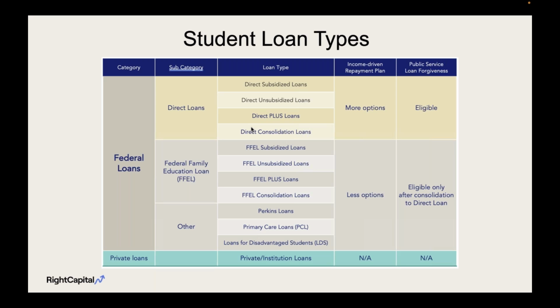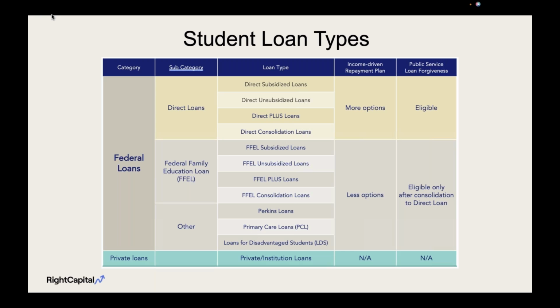Federal loans in general will have the most financial planning opportunities associated with them, because they will be eligible for things like income-driven repayment plans, which can help lower monthly payments and offer loan forgiveness by themselves. Federal loans are also potentially eligible for public service loan forgiveness, and there's a difference between income-driven repayment forgiveness and public service loan forgiveness that we'll talk about.